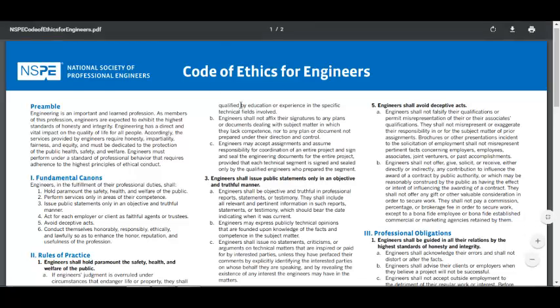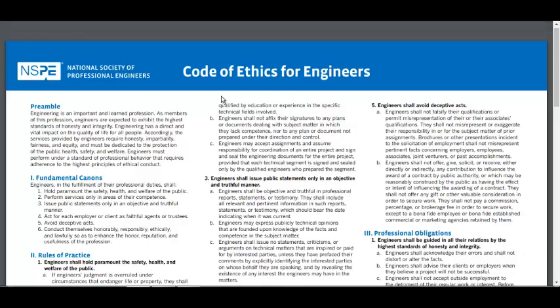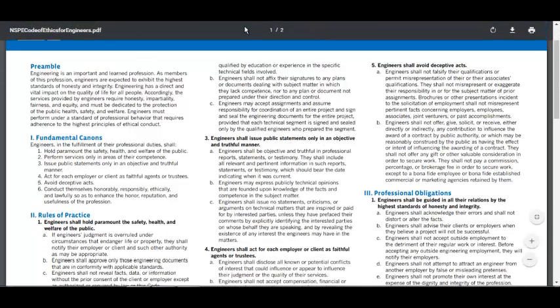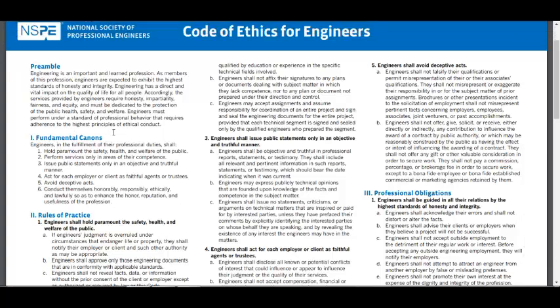It just so happens I'm familiar with the code of ethics for engineers, but it's also so tidy. It's a really good example of how some professions lay these things out in a very tidy way, and they're pretty easy to see and understand. The code of ethics for engineers tells you engineering is an important learned profession. But immediately you get these fundamental canons. Canon is the same as a norm.